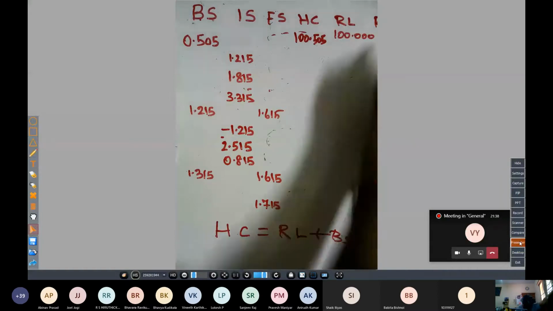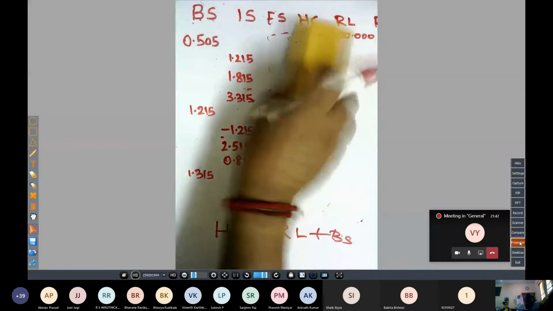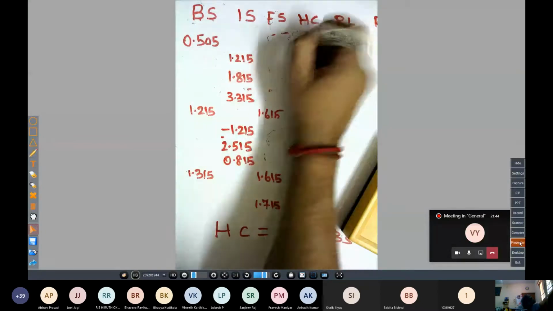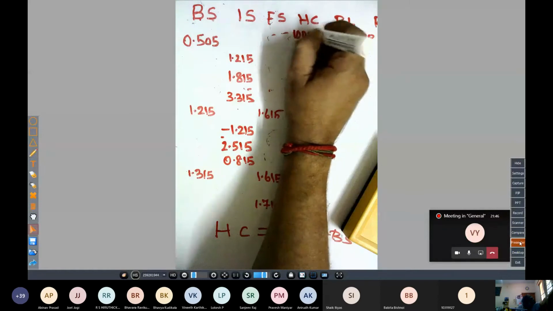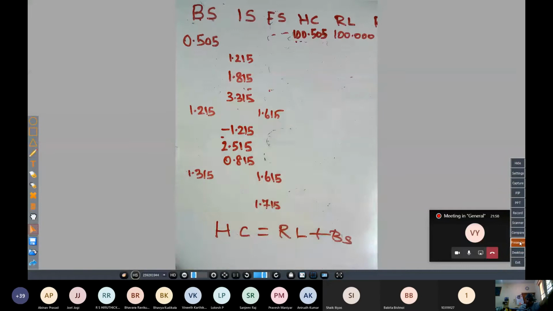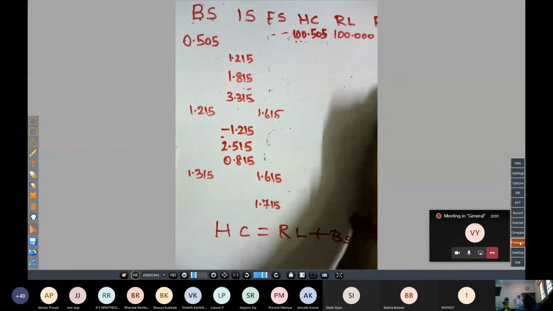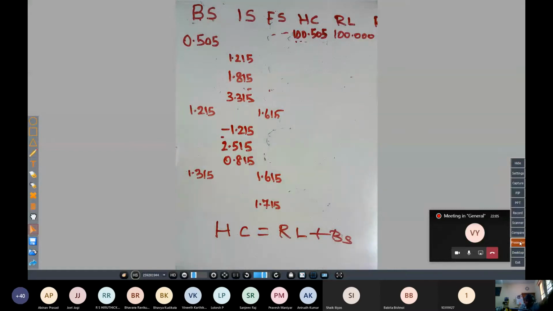So this is the benchmark, so height of collimation is 100.505. Do you get that point, all of you? So this is your point A, B, C.